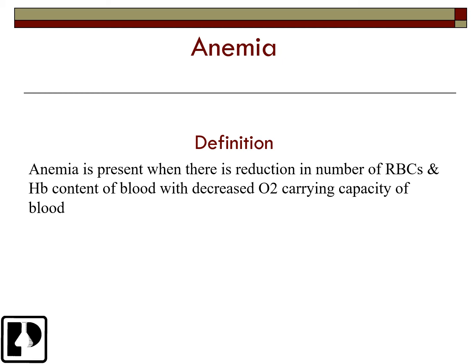Hemoglobin content of the blood will decrease, so the oxygen carrying capacity of the blood is decreased. All of you know that the main function of hemoglobin is the carrying of oxygen. So when the hemoglobin is reduced, the oxygen saturation in the tissue will decrease, and this is one of the major problems leading to the manifestations and complications of anemia.